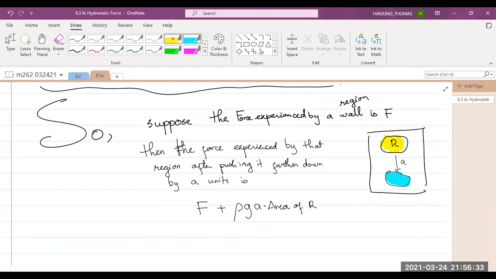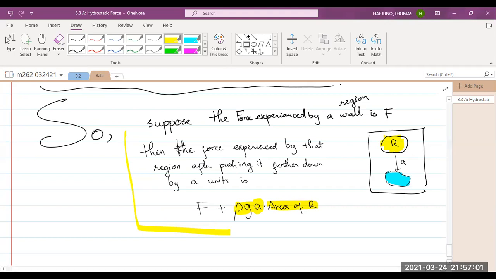And that force is equal to the area of that region times how far you go down, times the density times gravity of the liquid or fluid you are in. Okay, now this will be very, very useful.